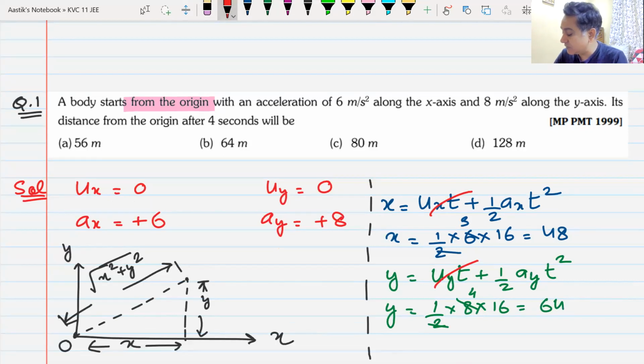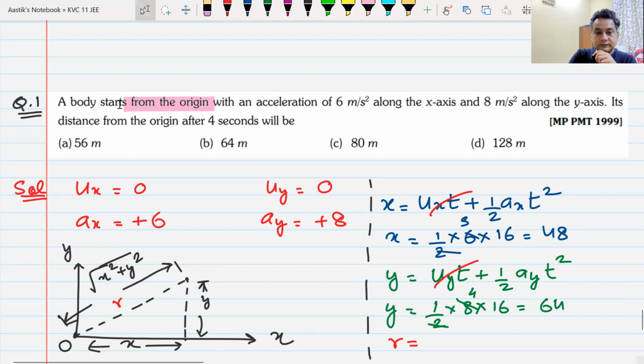So what is my distance from the origin? If I call this as r, what is the value of r? What is the value of r? 80. 80.